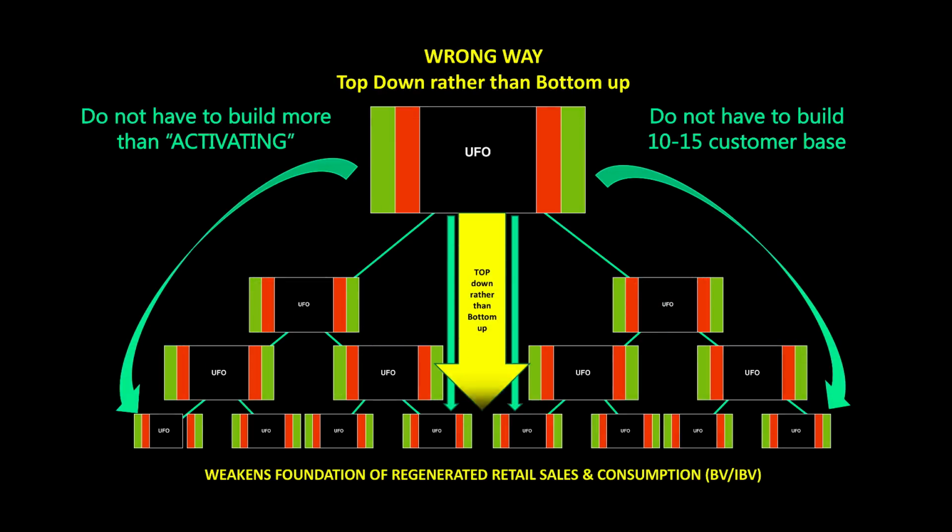Make it for a lifetime. So when people try to get around that, for instance, placing volume or doing activation for other people, or loading the system with unencumbered volume, all they have to do is build the activation, and sometimes those people that are activated are pure sand. They're not a block. And they don't have 10 to 15 customers.